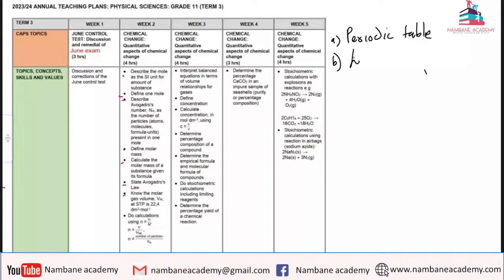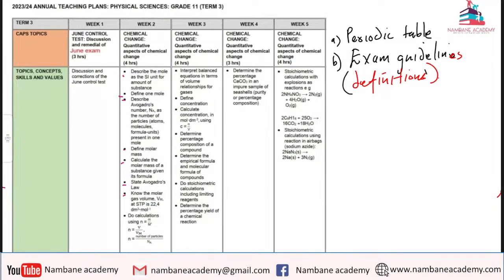The exam guideline will be important in giving me the definitions. Remember, definitions basically explain the concepts thereof. When this is done in terms of definitions, what I need to do is to check the relative definition against what is given to me in the teaching plan. So we are going to try and address all these bullets in this particular session.